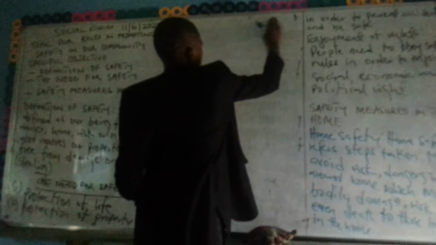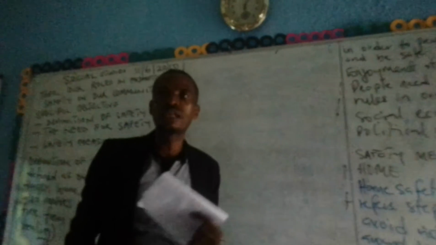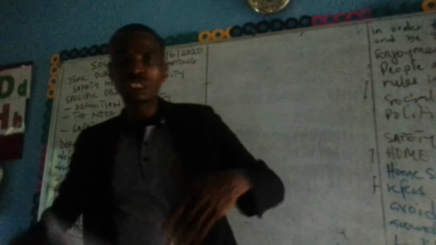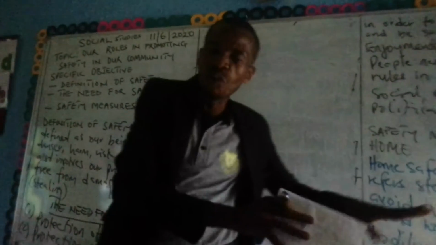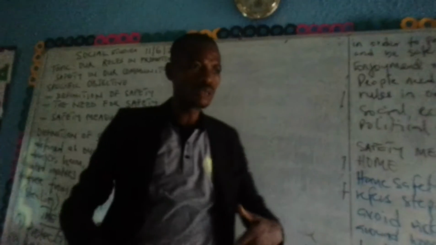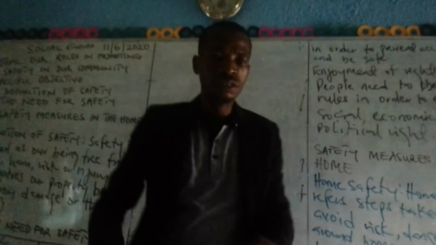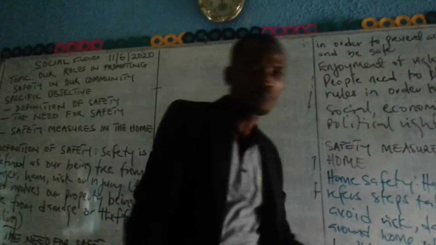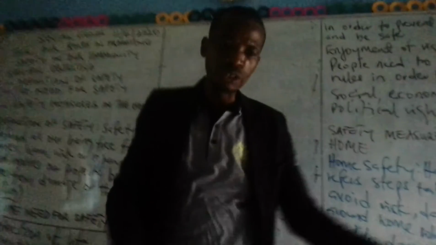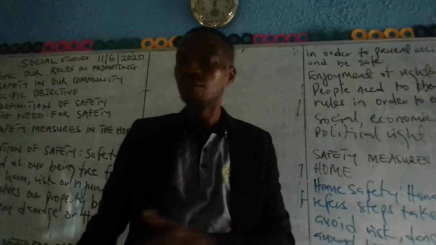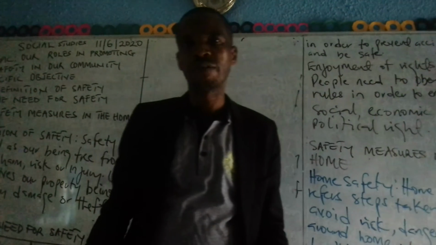Then the second one, number 2, all sharp objects must be kept away from the children. Children might handle some of the sharp objects like razor, scissors, sharp knife, and all that. So if those things are not kept away from them, they might wound themselves.